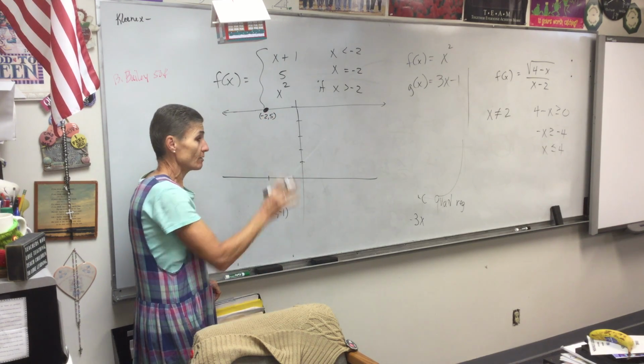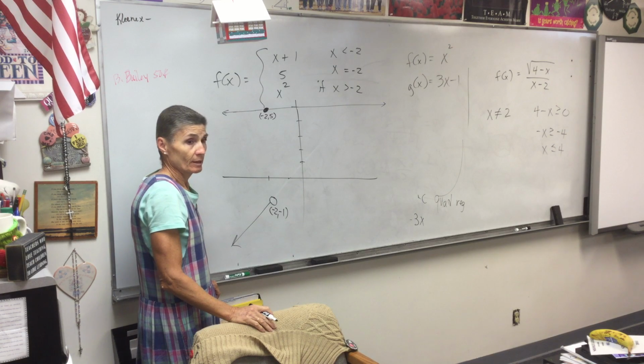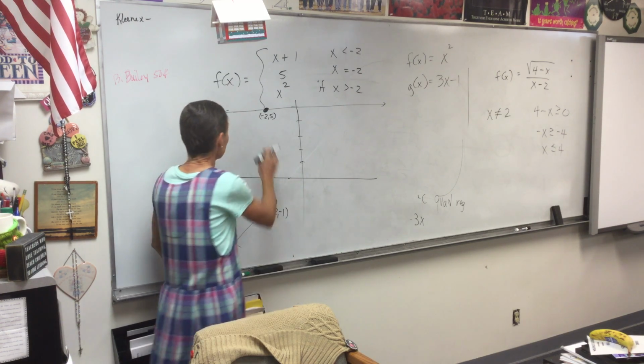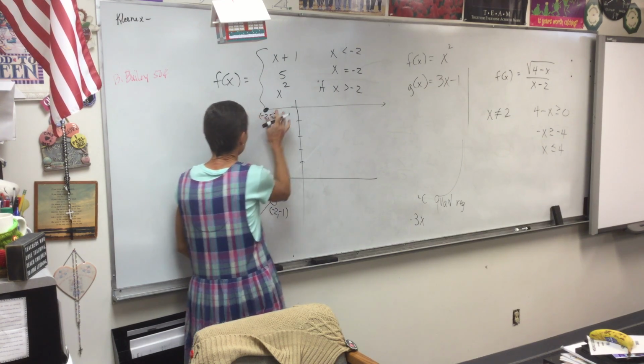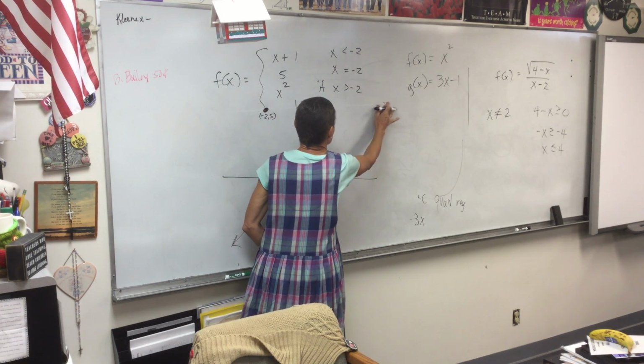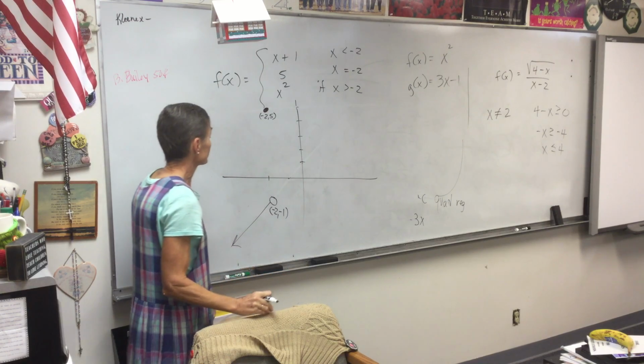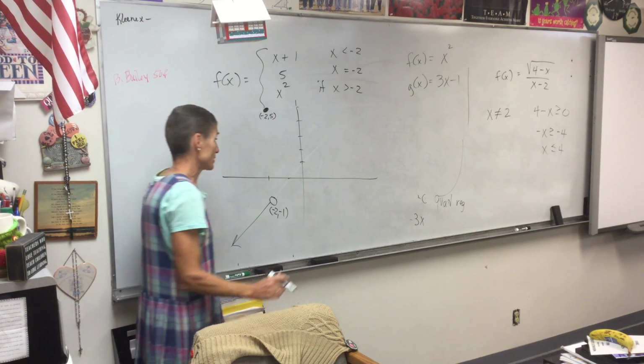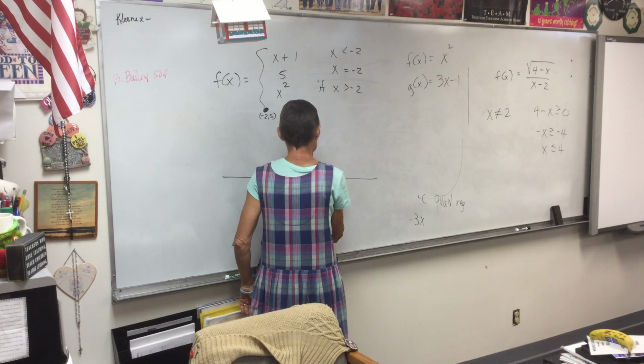Do I want the right side or the left side of that? I don't want any of it except that point. That's the only thing I want, is that one little point. What's that bottom equation? It's your x squared parabola.